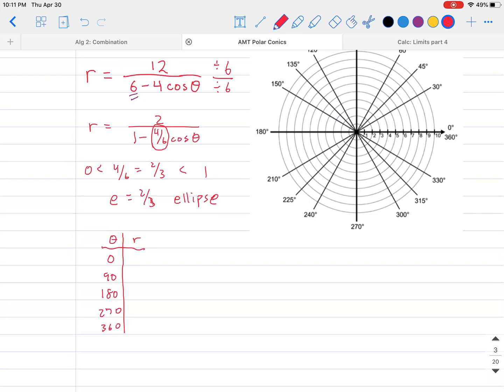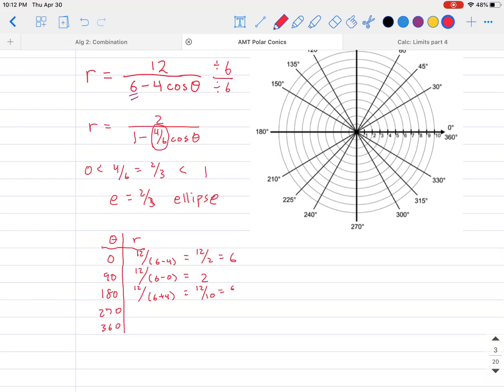First off, if we plug in 0 into the equation, we get 12 divided by, in parentheses, 6 minus 4. That looks like it's going to give us 12 divided by 2, which is equal to 6. At 90, you're going to get 12 divided by 6 minus 0, so that answer is going to be equal to 2. At 180, you get 12 divided by 6 plus 4.